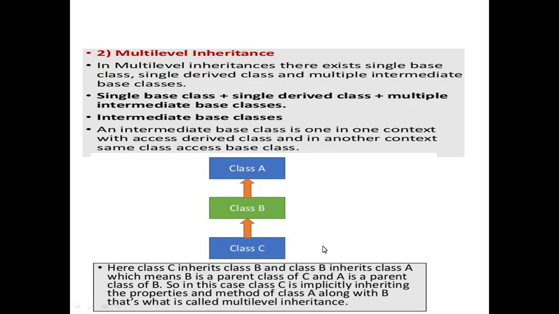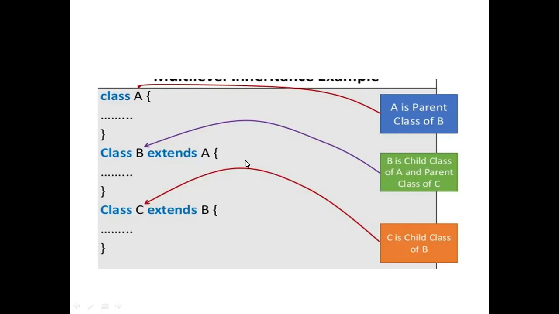Now multi-level inheritance. Multi-level means it has a single base class, a single derived class and multiple intermediate base classes. Here it becomes a line, like class A, B and class C. C acquires the properties of B, and B acquires the properties of A. So class A is my parent class, which is closest to B, right?